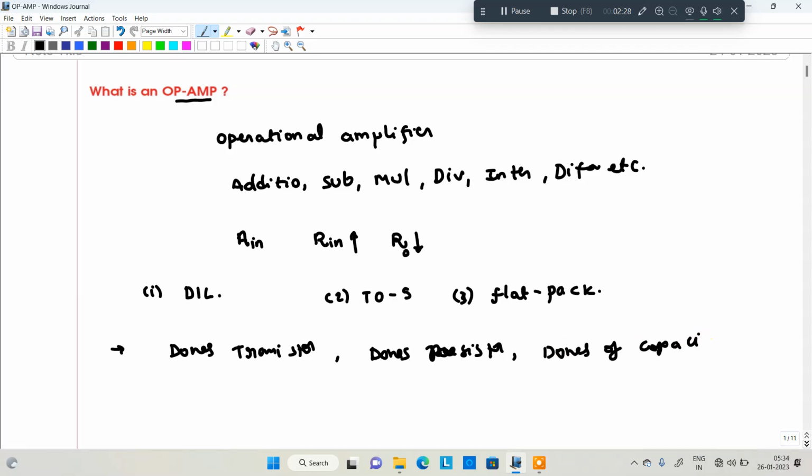You may doubt, sir, are capacitors, transistors and resistors present internally? No, the IC can act as a resistor, as a transistor, and as a capacitor. That means it has a speciality. Within the single small op amp chip, we can perform many operations.